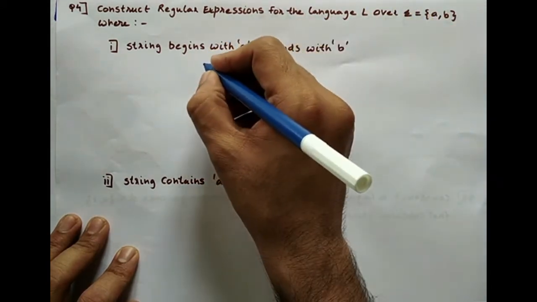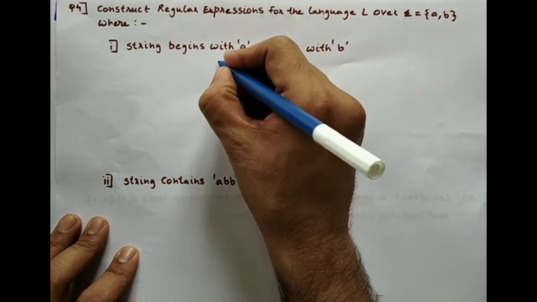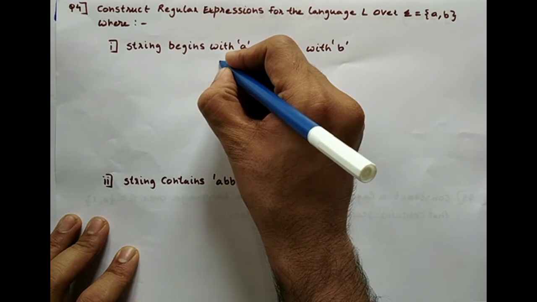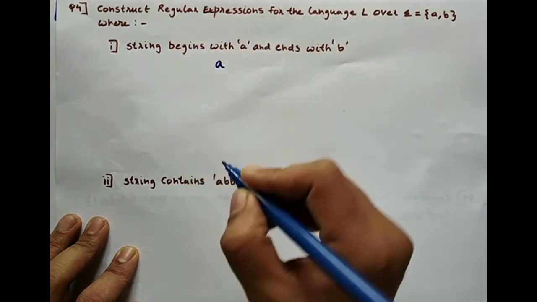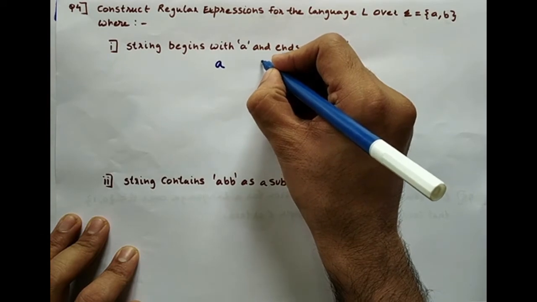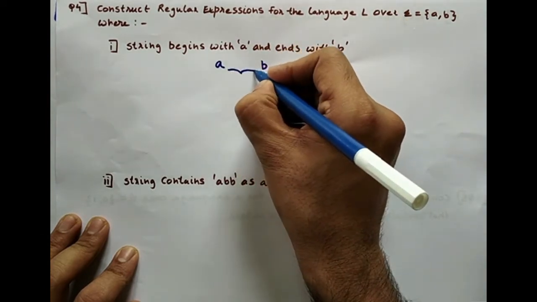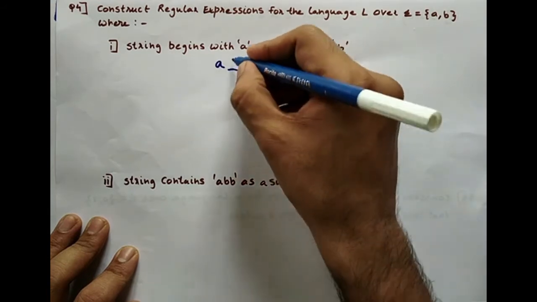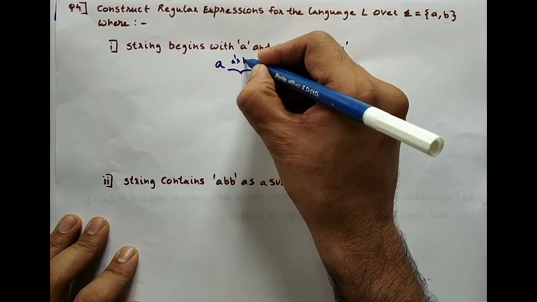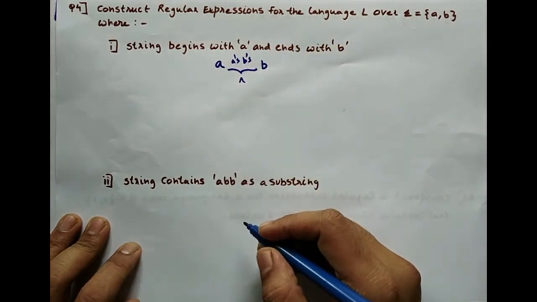Basically the string will have three parts. First part, the string should begin with a. Then third part, the string should end with b, and the middle part can be any combination of a's and b's, and at times it could be null also, right?